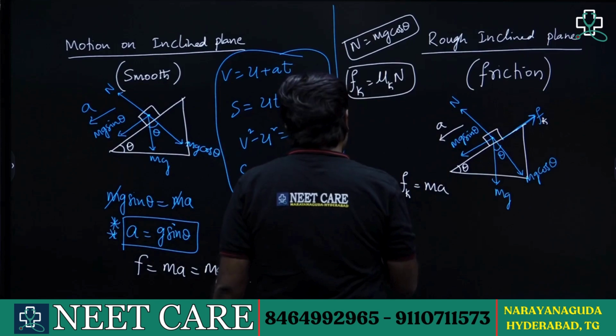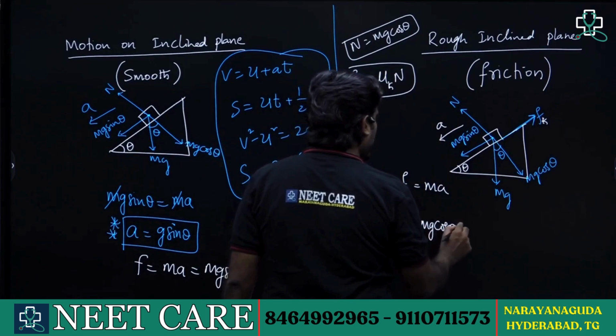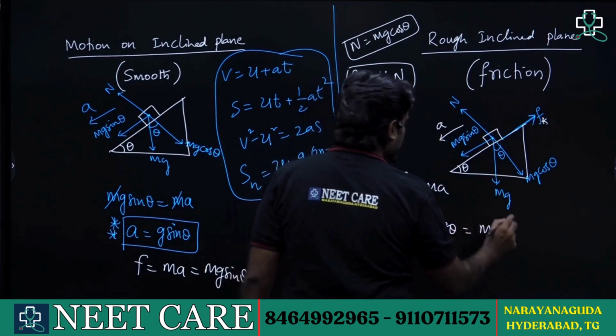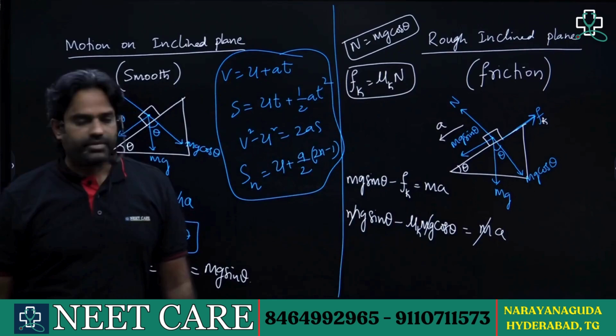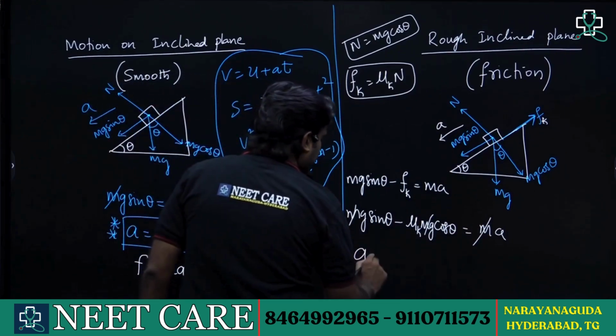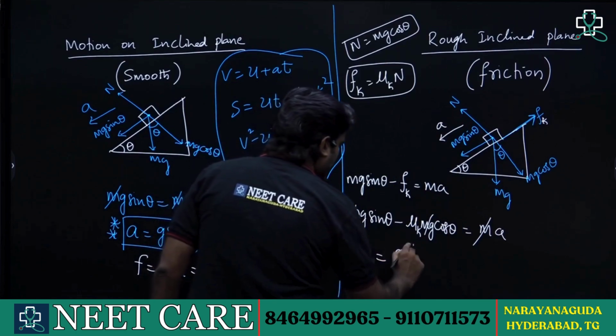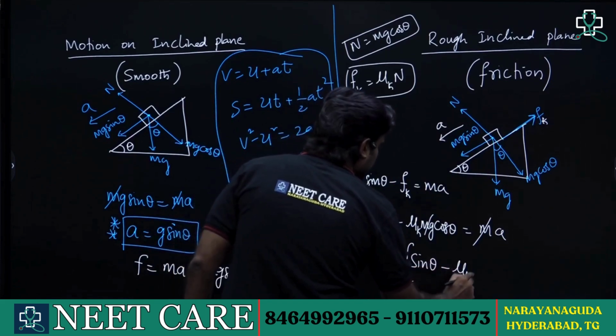Then mg sin theta minus, in place of Fk, we can write mu k mg cos theta, the formula for kinetic friction, is equal to m into a. Check it, m gets cancelled on both sides of this equation. Now if you want to make a the subject, then a is equal to, g can be taken common, g into sin theta minus mu k cos theta.